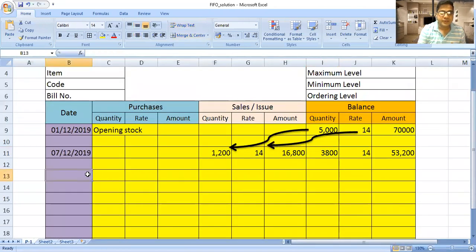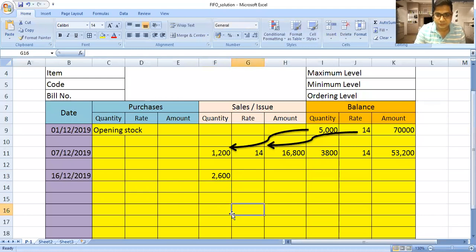So we will write here 16 December. How many units sold? There is no purchase. 2,600 units sold.